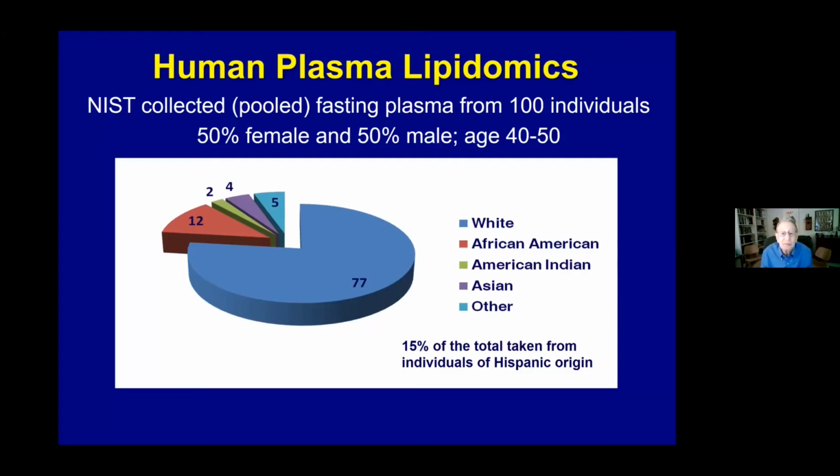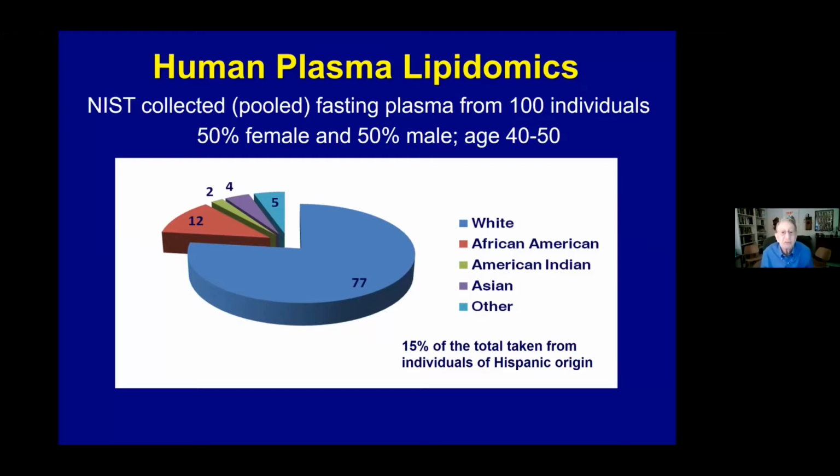And this was a pooled sample of plasma, like a liter of blood, from 100 individuals. They were half female and half male. They did have a narrow age range of 40 to 50, and they represented the ethnic population of the US at the time the sample was actually collected, which is some 20 years ago now, and it's changed since then.